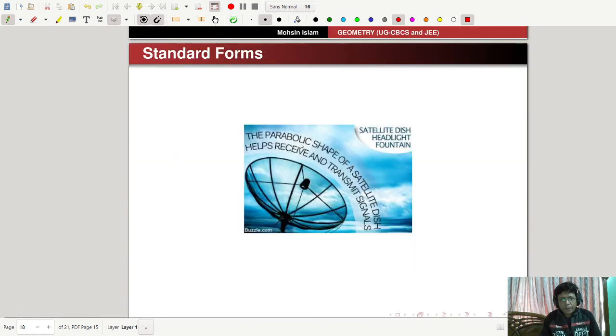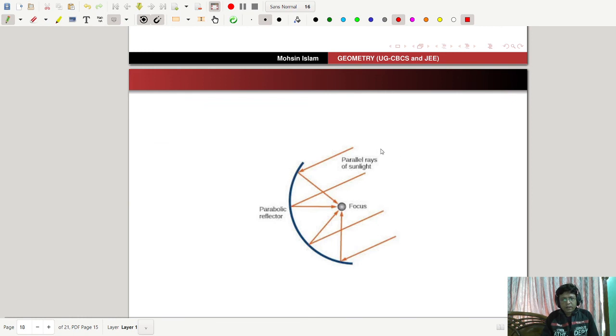And this is a satellite dish, whose parabolic reflector helps receive and transmit signals. You see that parallel rays of sunlight coming in will meet at the focus. So there are a lot of real life applications of the parabola.